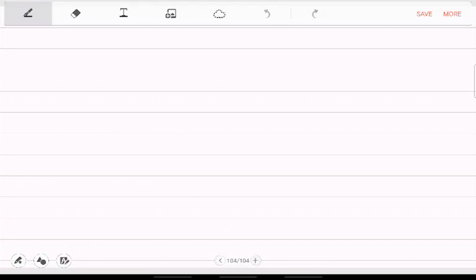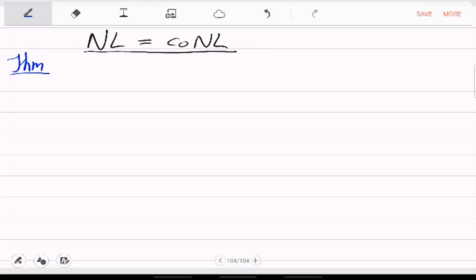So, let us look at this amazing proof, NL equal to coNL. This is a theorem independently proved by two people, Immerman and Szelepcsényi.